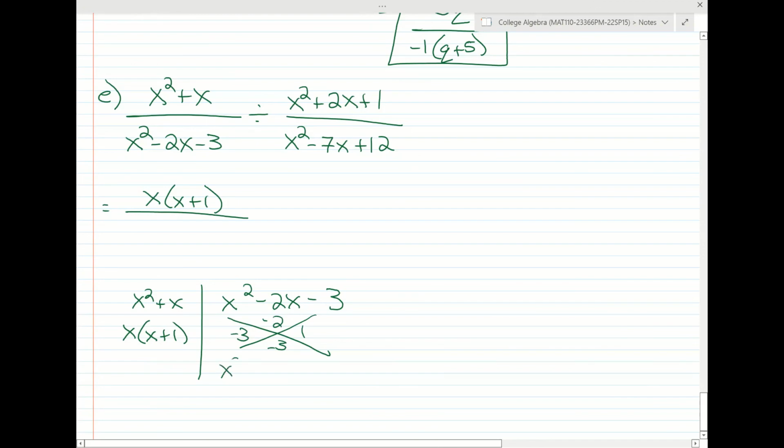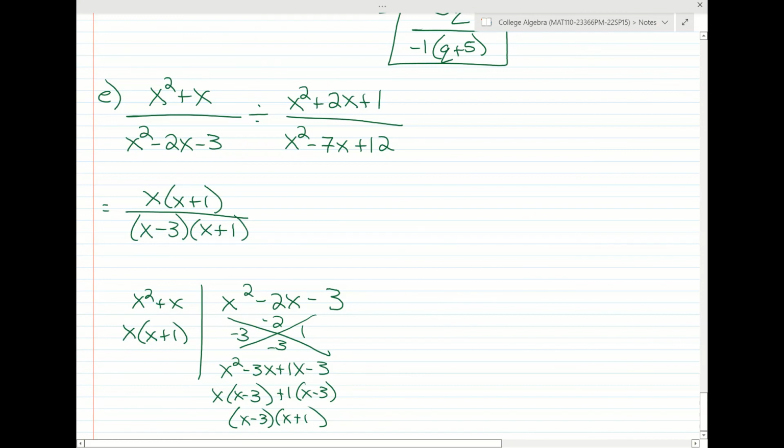We could write this as x squared minus 3x plus 1x minus 3. Taking an x out, and 1 out, we get x minus 3 times x plus 1. Remember, we want to factor completely before we start multiplying by the reciprocal.